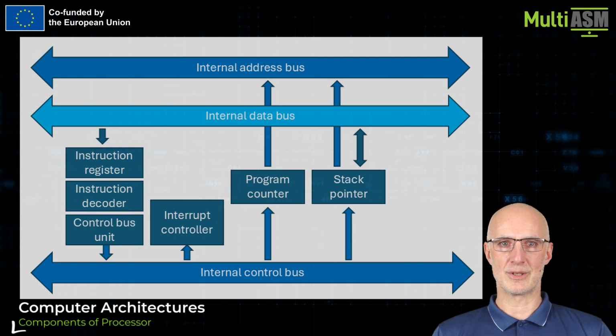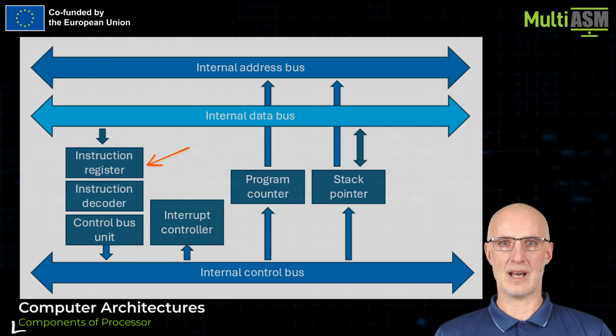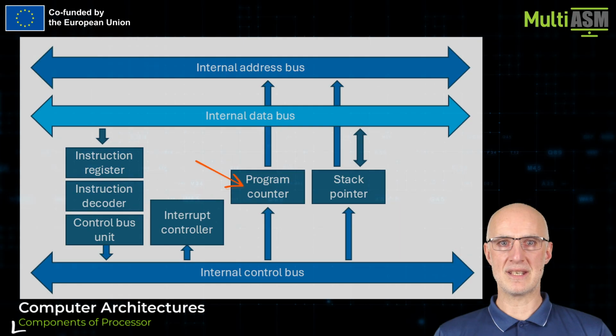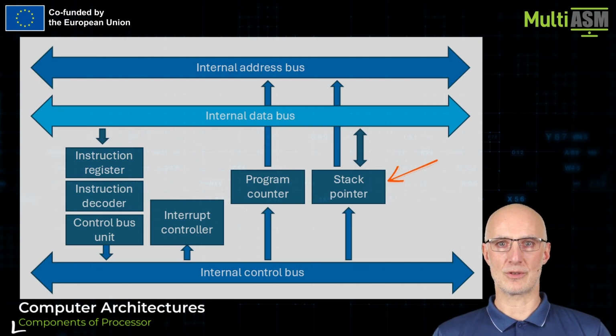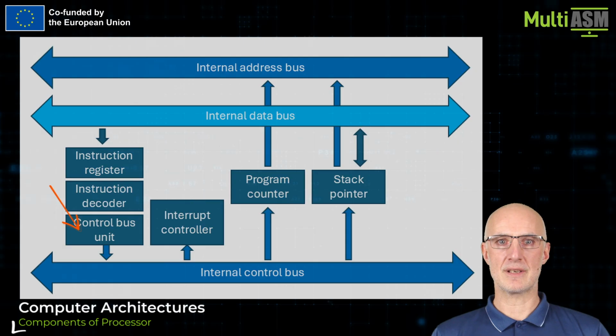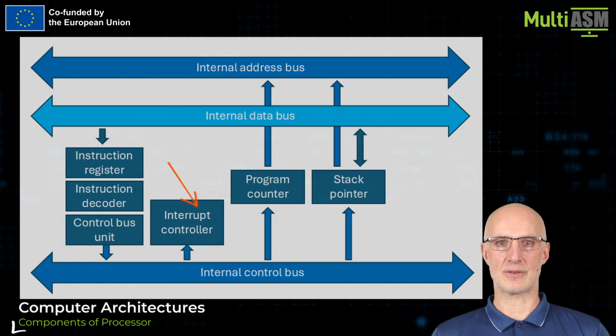The typical control unit contains some essential elements: instruction register, shortly IR, instruction decoder, program counter, shortly PC, or instruction pointer IP, stack pointer, shortly SP, bus interface unit, and interrupt controller.